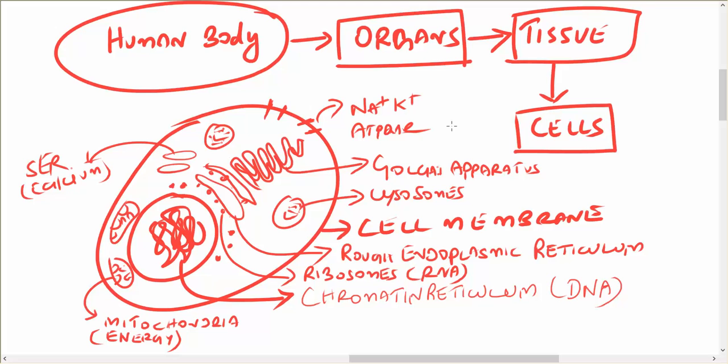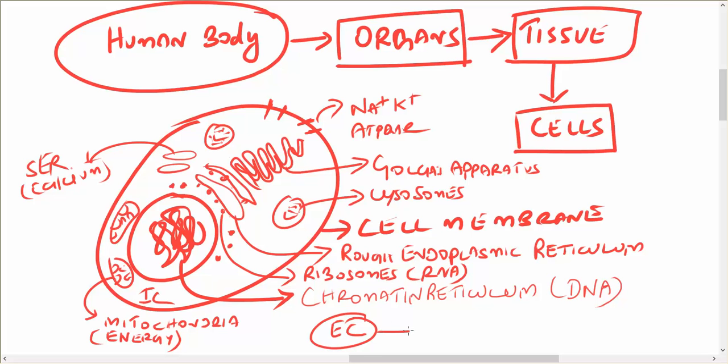For example, the cellular membrane protects from the outer environment of the cell and differentiates the internal cellular environment from the external cellular environment. Outside is called the extracellular environment, inside is called the intracellular environment.